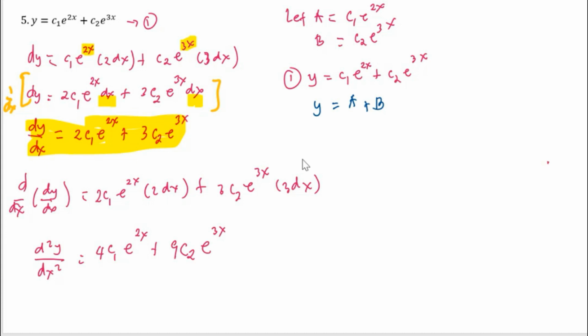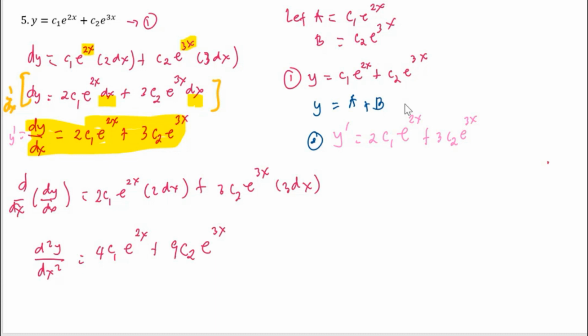Now, on the second equation, I will use the first derivative. We have y prime is equal to 2c sub 1 of e raised to 2x plus 3 of c sub 2 of e raised to 3x.